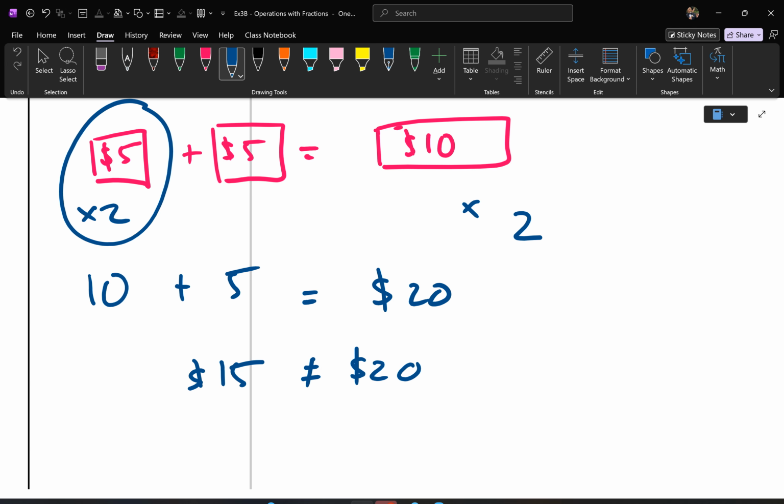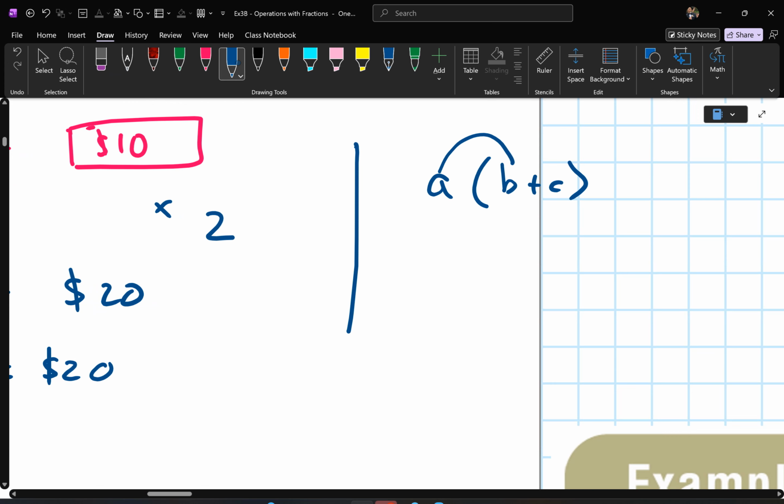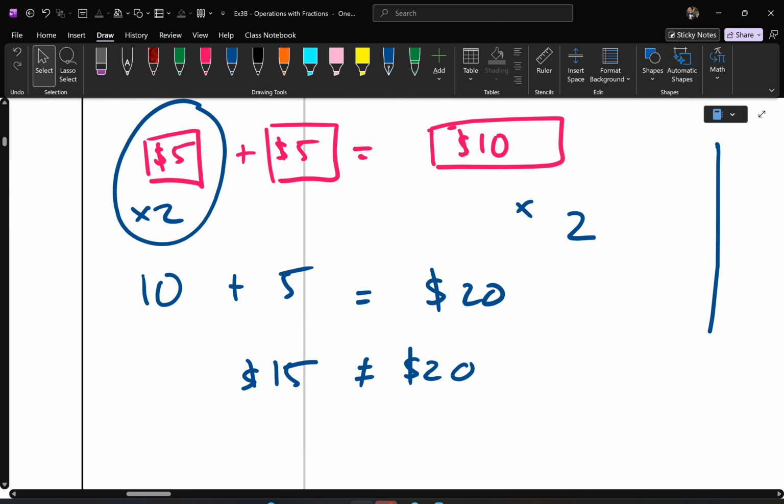See, when I do it in terms of notes, kids get it. But when I do it in algebra, which is what you might have done last year, like A(B + C), they say expand the brackets by multiplying A times B and then A times C. A lot of students only ever do A times B and they forget the C. But funny enough, when I do the money component, they're like, oh, that makes so much logical sense.